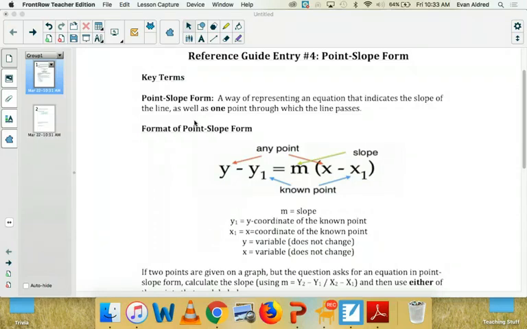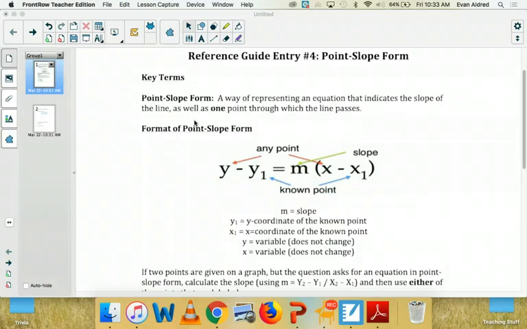So if the line goes perfectly through the y-axis, meaning it goes right through a number, then slope-intercept form is pretty straightforward. You just pull that number off and find your slope and away you go. But if it doesn't go perfectly through that, then there needs to be another way that you can express the equation of a line.